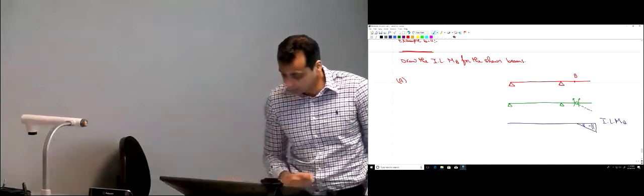You decrease the angle between the two segments. What's this? This is the deflected shape. So the deflected shape represents the influence line for MB. It's negative over here, okay?